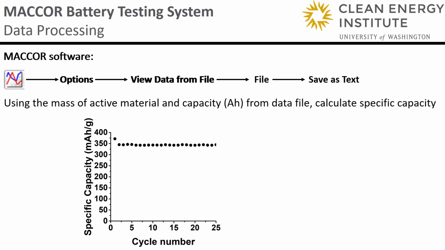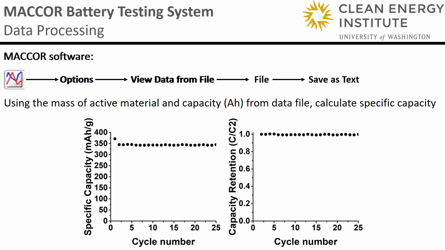Another common piece of information that we usually get from this plot is normalizing to your cycle number 2 to track your capacity retention. So that's basically just seeing how your capacity proceeds over time.